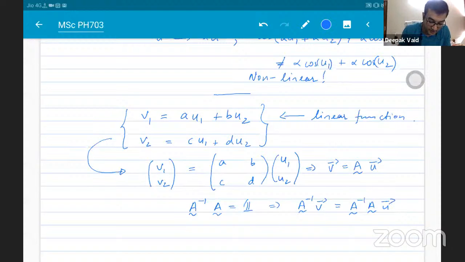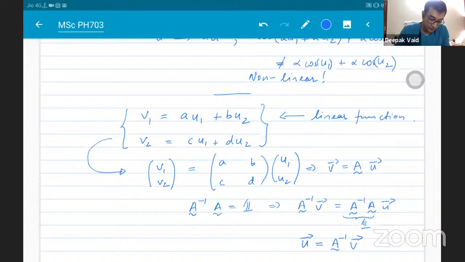This will be the identity, and you will get U is equal to A inverse B, right?